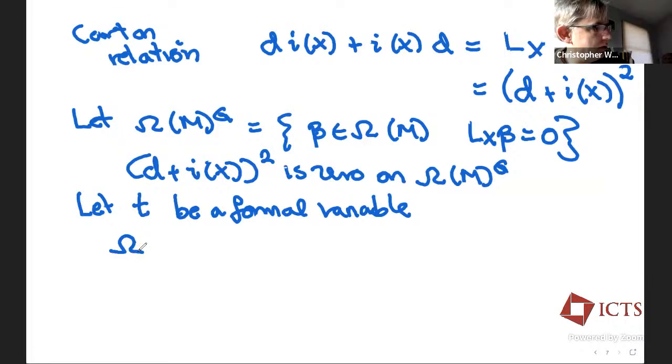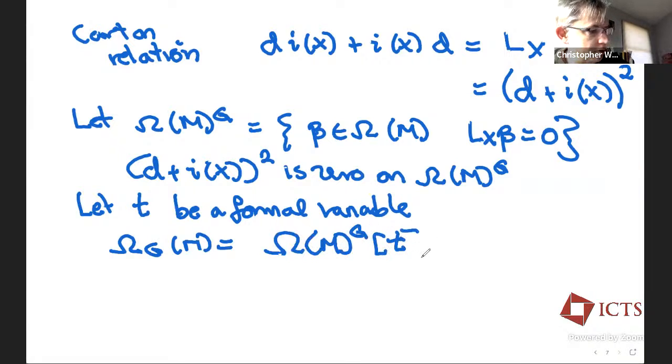And so then the space of equivariant forms is the space of invariant forms with this additional t thing. And then we define d_G to be d plus i_X times t.